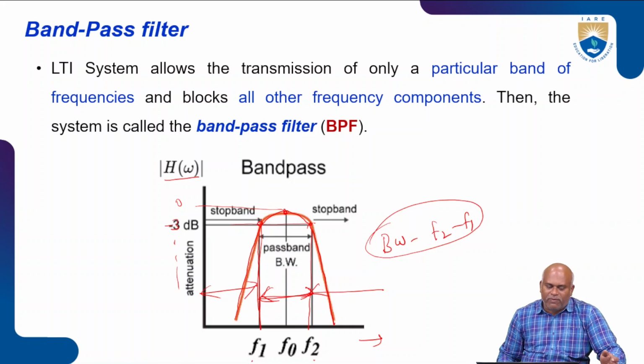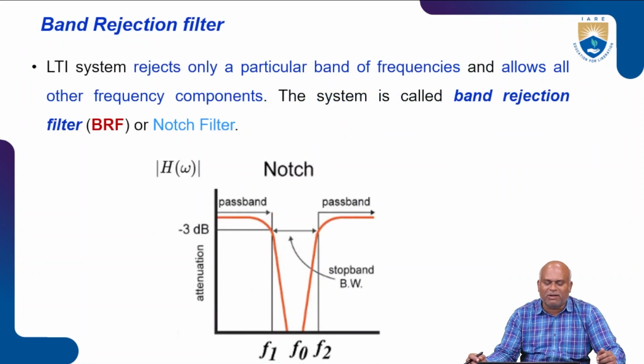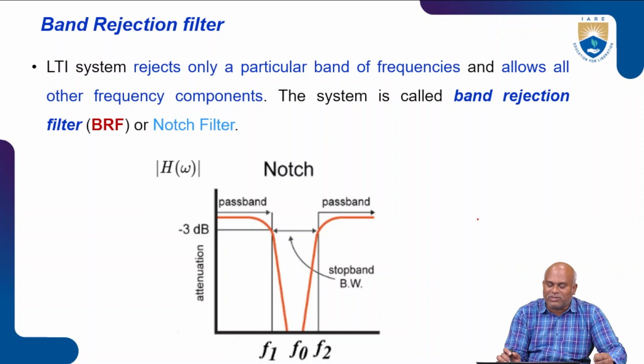Now we go to another type of filter, called the band rejection filter. This filter rejects only a particular band of frequency and allows all other frequency components. Then the system is called a band rejection filter or notch filter. How does the filter response look?